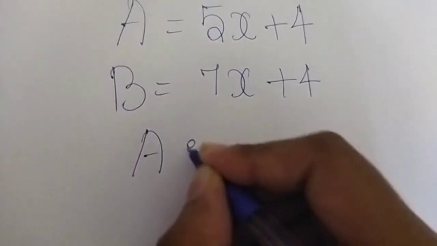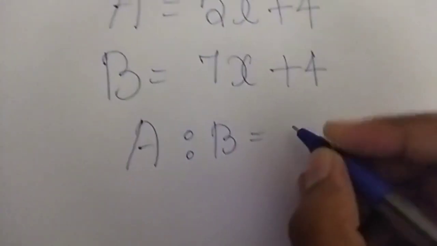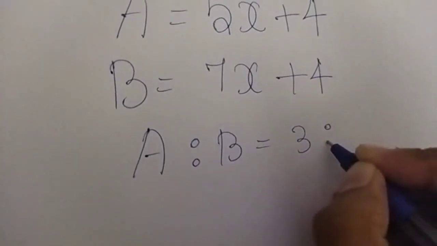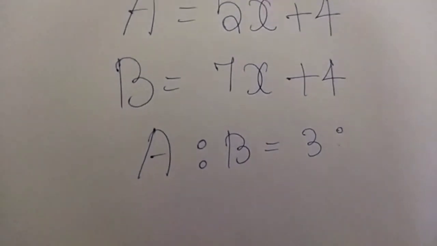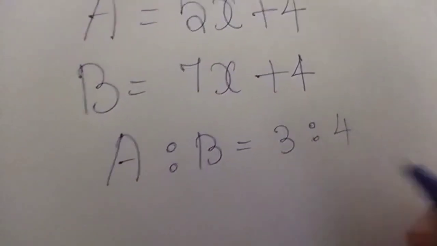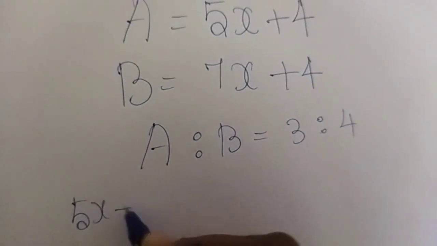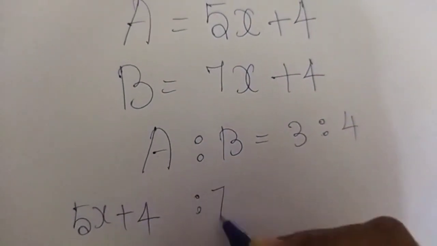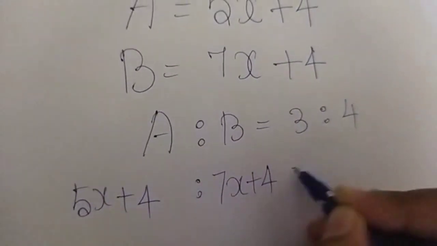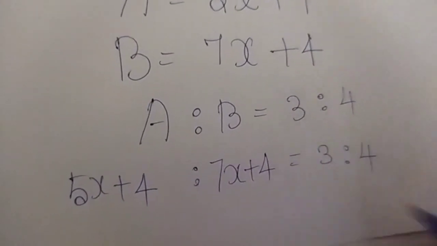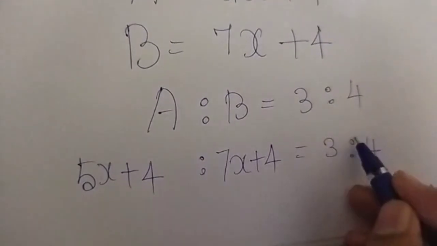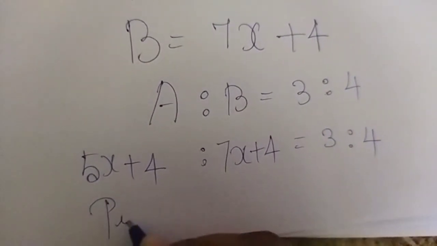Now after 4 years, the ratio of A and B is given as 3:4. So 5x plus 4 is to 7x plus 4 is equal to 3:4. In ratios and proportions, we have the product of extremes.